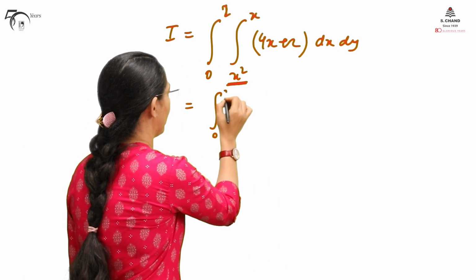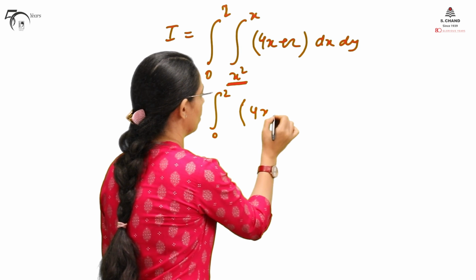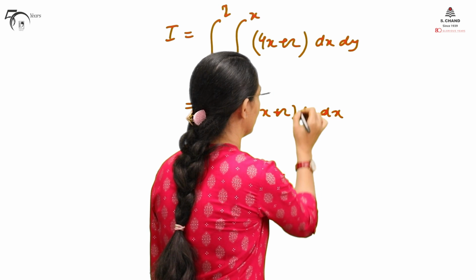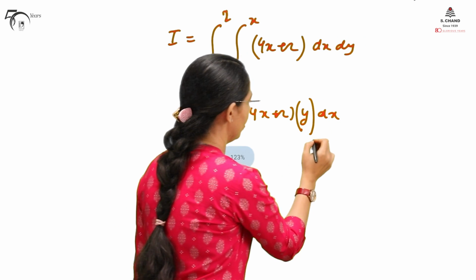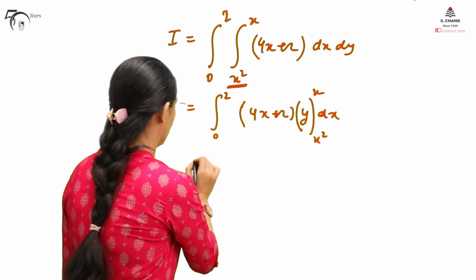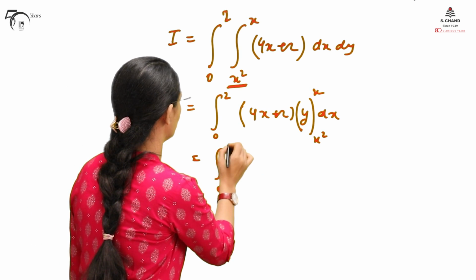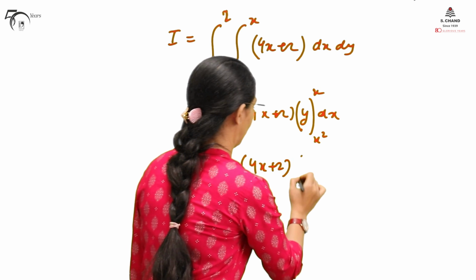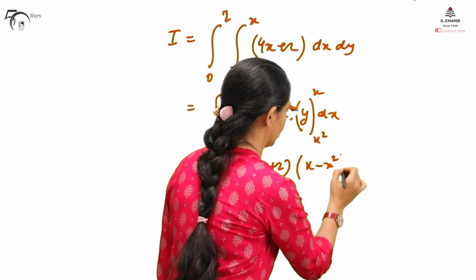Since there is no y in the integrand, we will be getting (4x plus 2)y dx, and the limits for y have been written as from x squared to x. So it becomes the integral from 0 to 2 of (4x plus 2) times (x minus x squared).